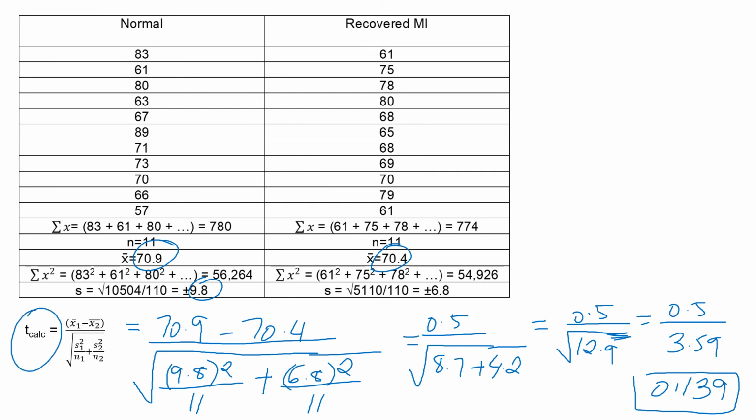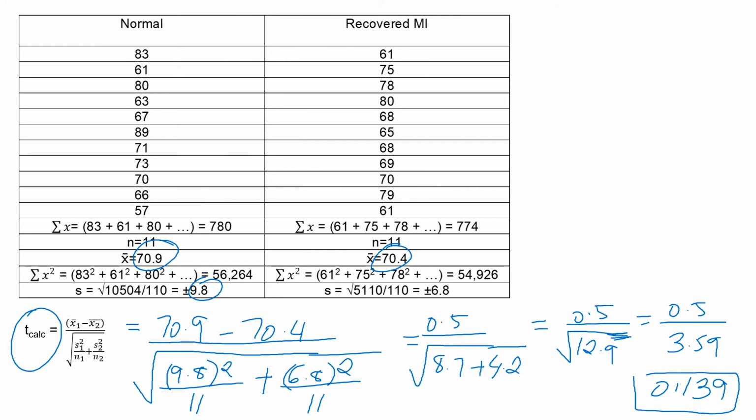So 0.139 is basically my calculated t-value. Why do I call it calculated? Because we went ahead and we calculated it together. So we call it your calculated t-value. So your calculated t-value is 0.139.